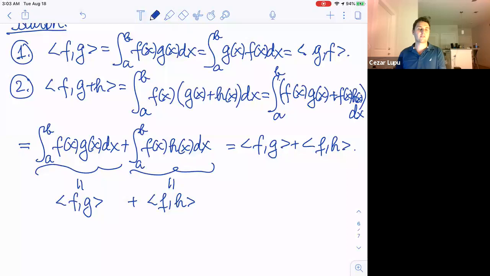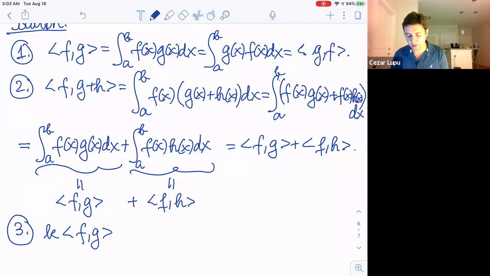That's the second axiom. Now, the third one, well, let's look at this: the constant k times the inner product between f and g is nothing else than k times the integral from a to b of f of x times g of x dx.